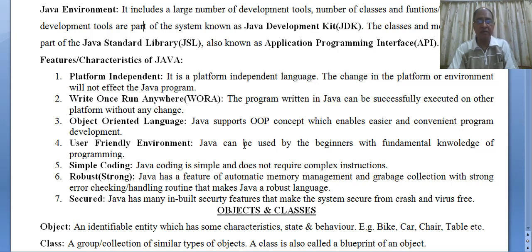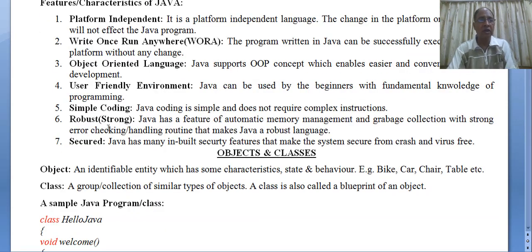User-friendly environment. Java can be used by beginners with fundamental knowledge of programming. Simple coding. Java coding is simple and does not require complex instructions. Robust, that is strong. Java has a feature of automatic memory management and garbage collection with strong error checking and handling routines that make Java a robust language. Secured. Java has many inbuilt security features that make the system secure from crashes and virus free.